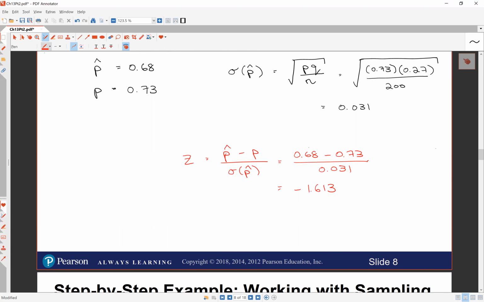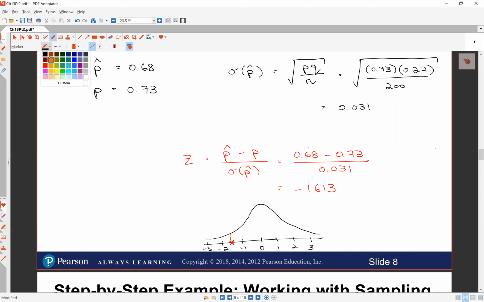This is where the bell curve now becomes very useful. I know I have a normal bell curve, standard normal, centered at 0, and my increments are in standard deviations of 1. And so this value that I've calculated is over here, roughly halfway between -1 and -2. So how likely am I to get a value this small? Well, I can figure that out by calculating the area to the left of that number.